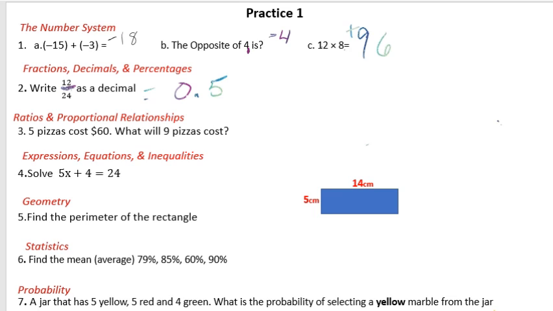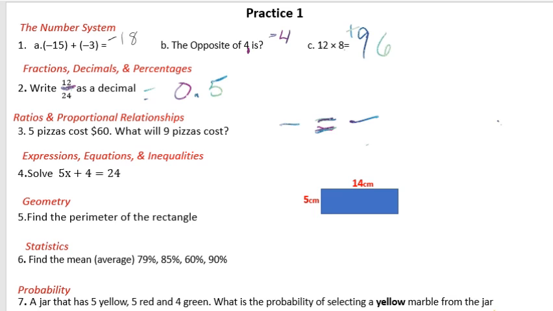When you see these types of problems, what you need to do is set up a proportion, which means you're setting up two fractions that equal each other. We're going to use information from this problem to help us figure out the missing information.